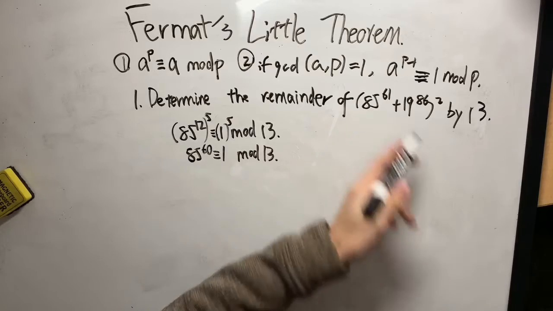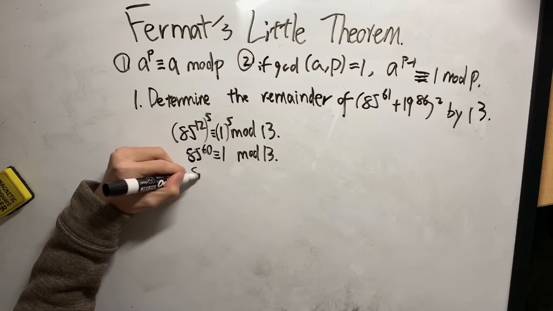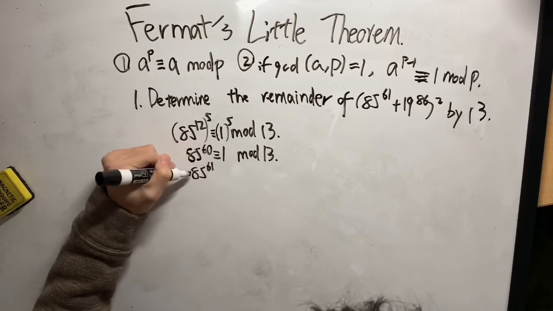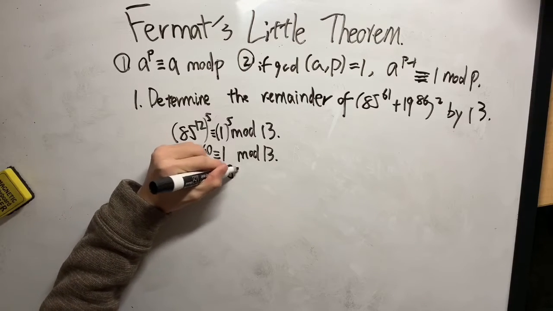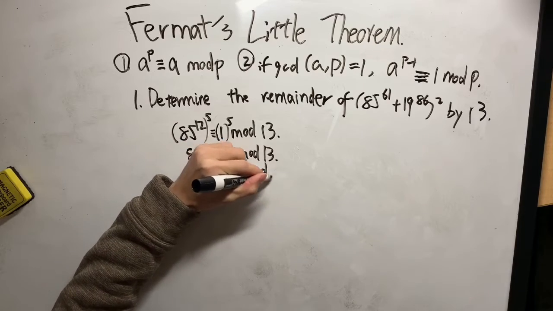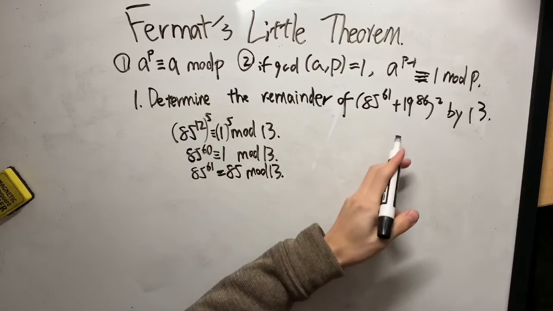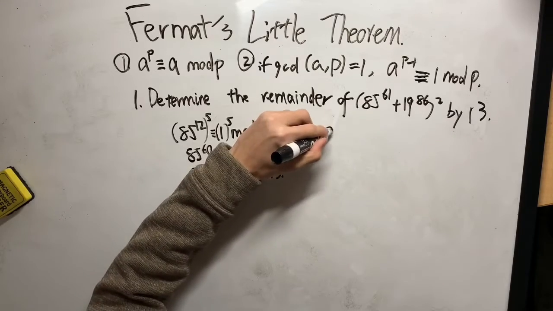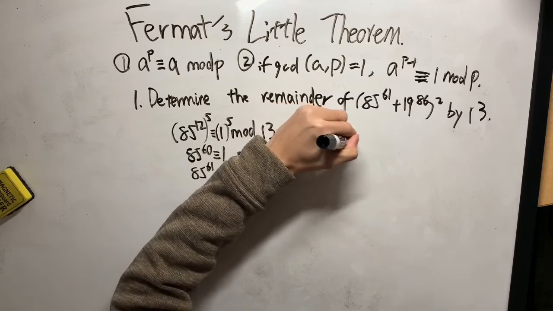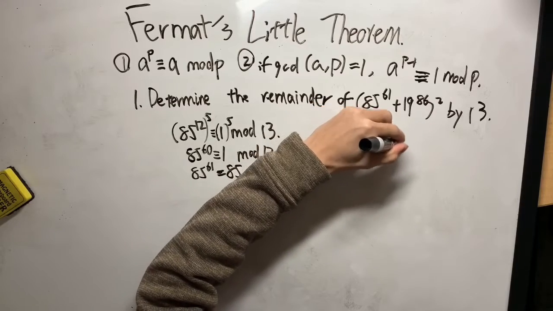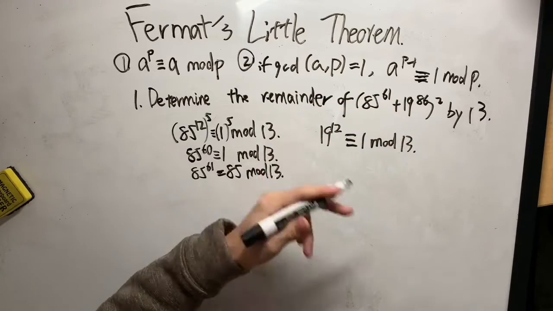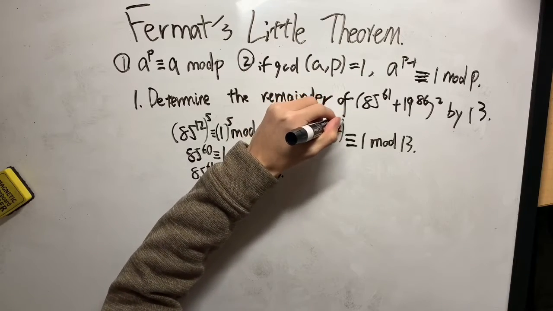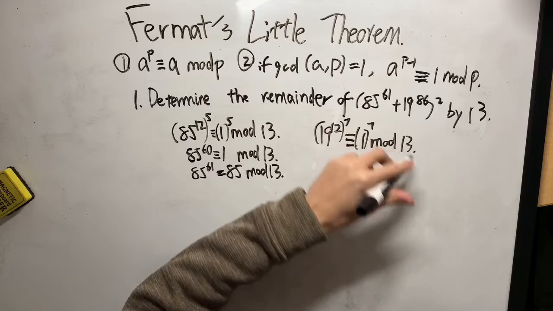Now for 85 to the 61, we just times 85 on both sides. So 85 to the 61 is congruent to 85 mod 13. The same applies for 19 as well. So 19 to the 12 is congruent to 1 mod 13. 19 to the 12 to the 7 is congruent to 1 to the 7 mod 13.